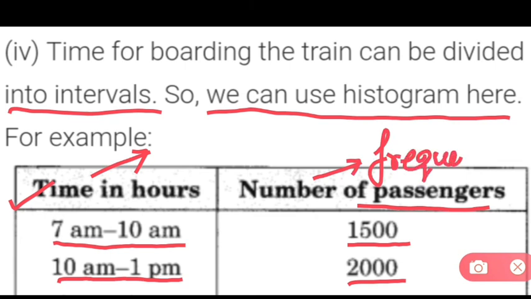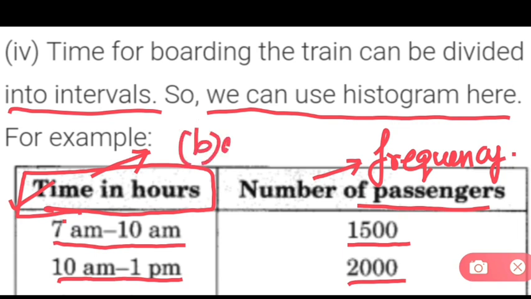So we can use the histogram here, because we can classify the time data in class intervals. Clear? So our final answer is that we can draw the histogram for B part and D part. This is your final answer.